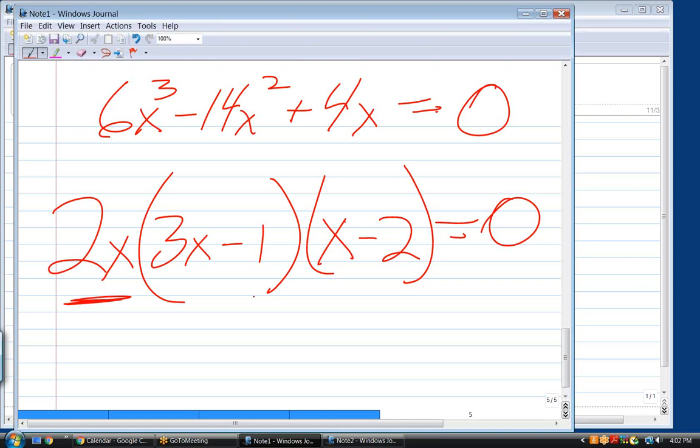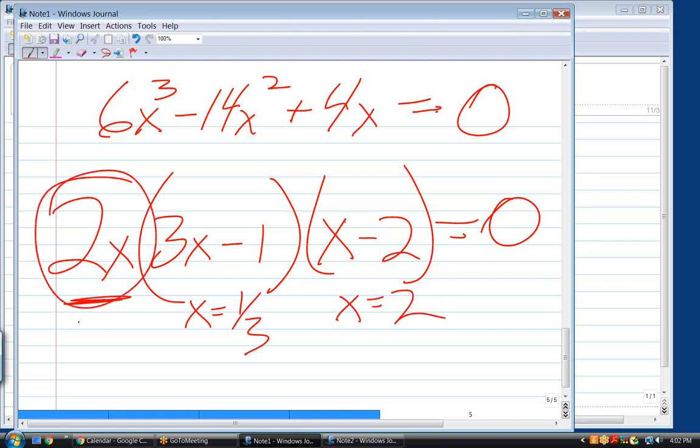They would come up with x equals 1/3 for that, and x equals 2 for that, but they would completely leave that out. The other answer is x equals 0. Don't forget that. What I have here is the product of 3 things equals 0, so set all 3 things equal to 0 for your answer.